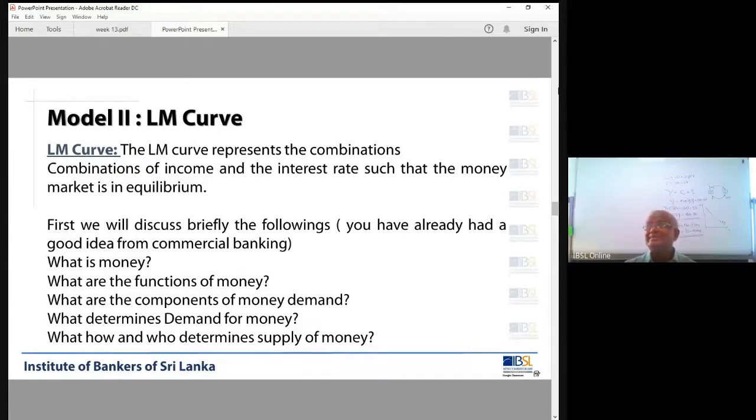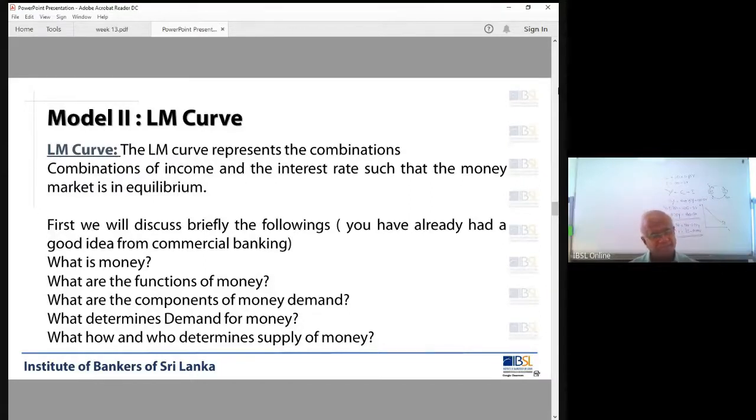Bonds earn interest rate, either FD or the debenture or the savings account, or any financial instrument. When you say money, we assume money does not earn any interest rate. Now here we are going to discuss the money market, non-interest earning money.